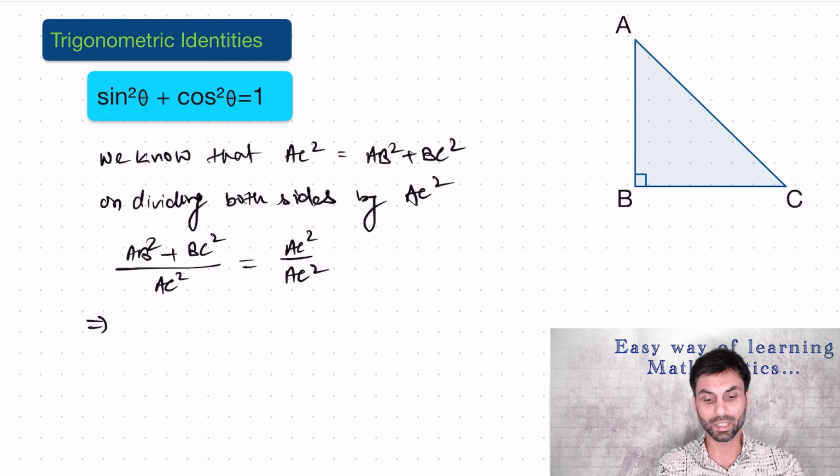Further, it can be written as AB square upon AC square plus BC square upon AC square, which will be equal to 1.